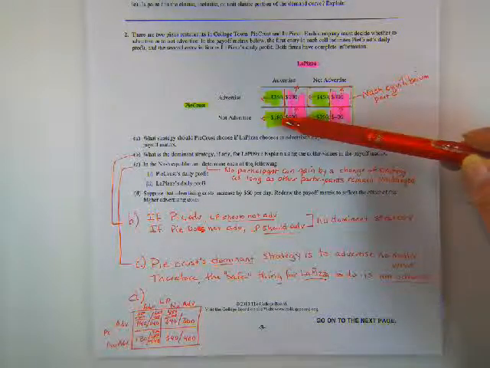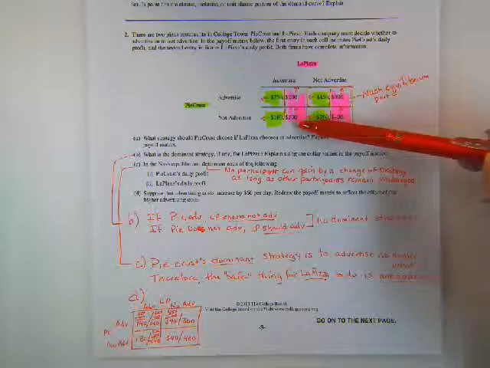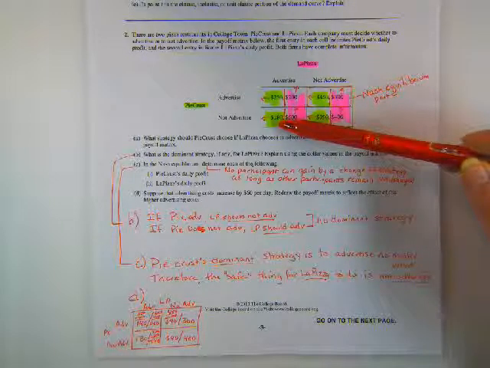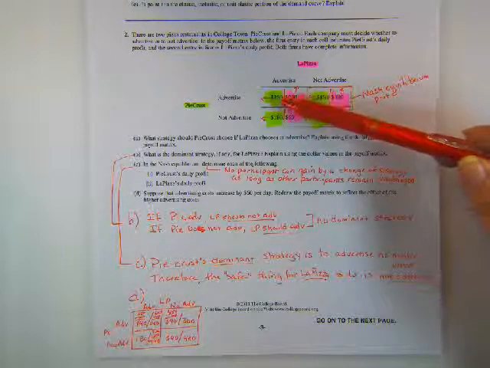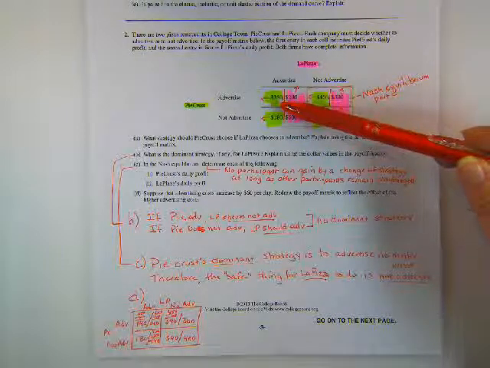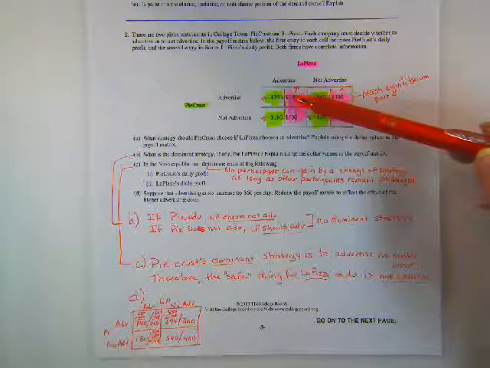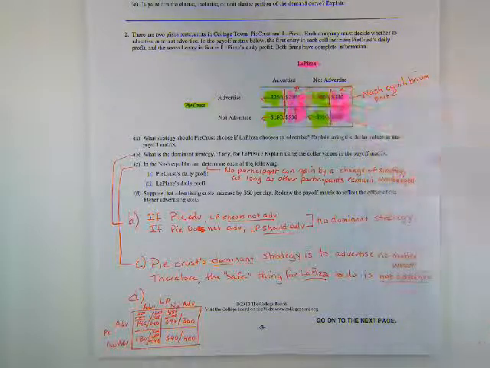If Pie Crust does not advertise and La Pizza advertises, they'll only make $180. Therefore, Pie Crust will choose to advertise if La Pizza advertises.